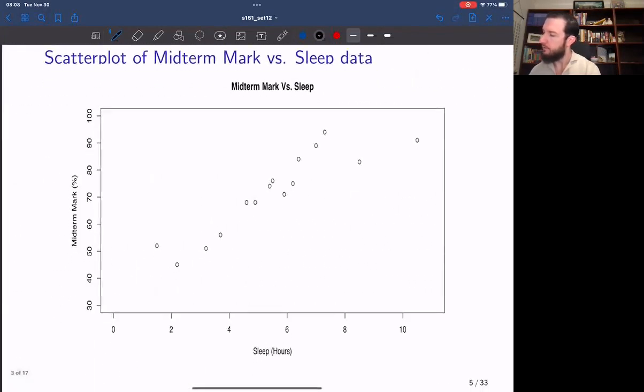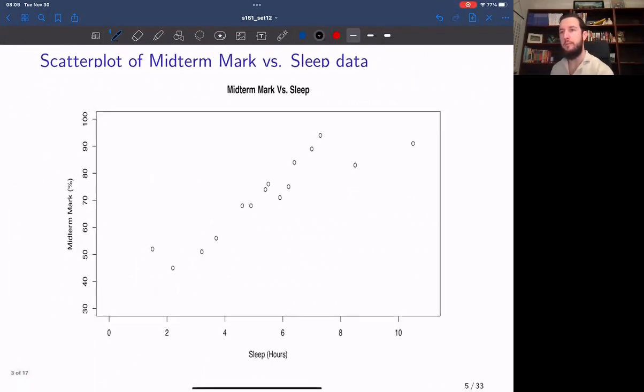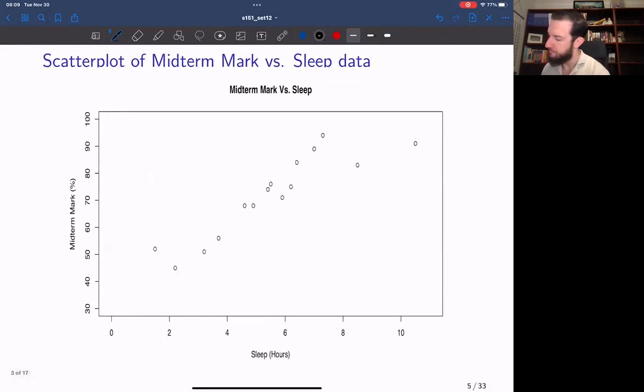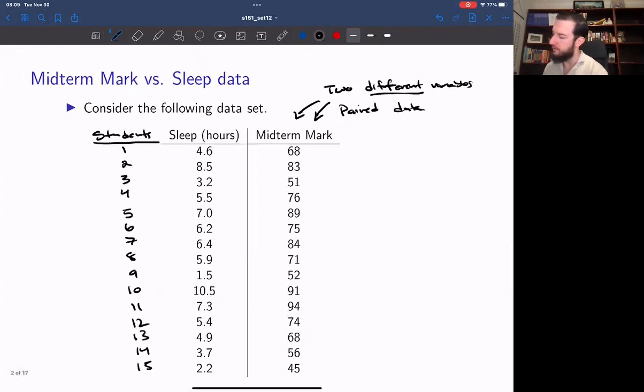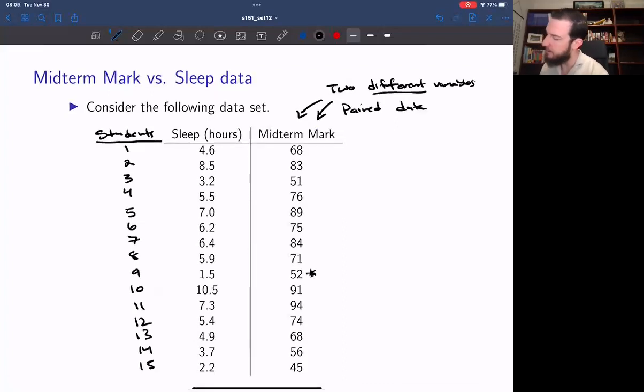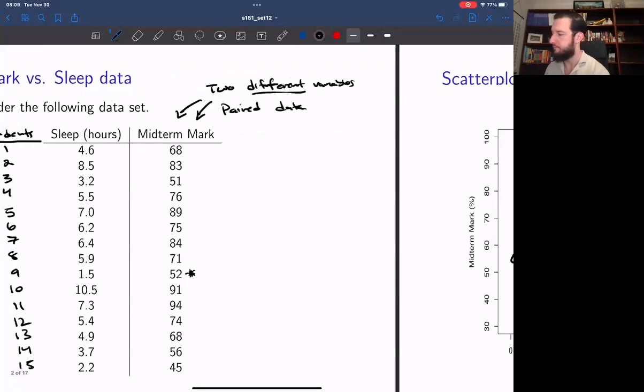So here's our scatter plot for the midterm mark versus sleep data. Just as a refresher, each of the points on this plot is just a coordinate based off of our original data set. So for example, this observation here is going to be the student that slept 1.5 hours and had a midterm mark of 52.